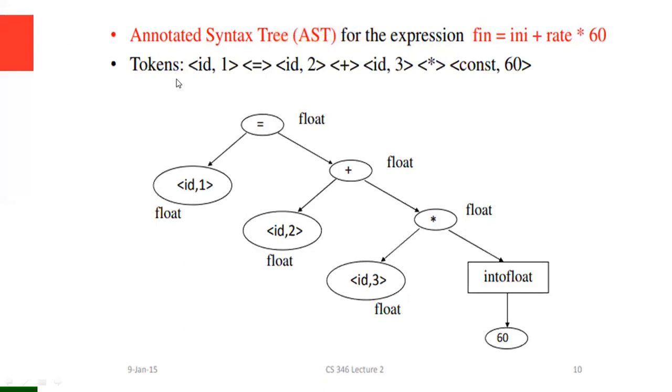So these are the tokens: id1 comma 1, equals, id comma 2, plus, id comma 3, and constant comma 60. So here we are using the tokens. So we can convert the given expression into a syntax tree or parse tree.